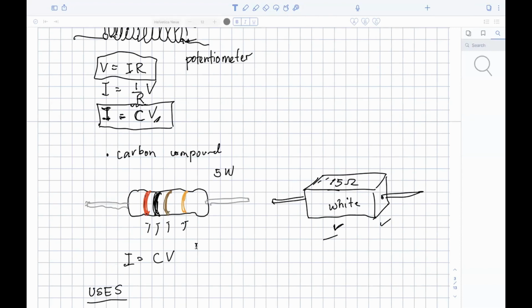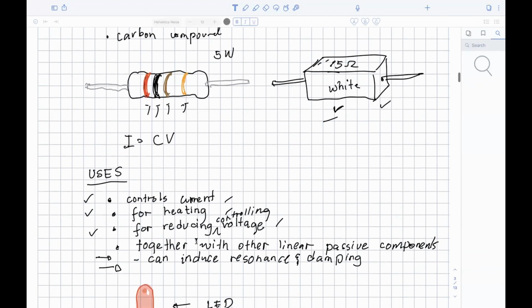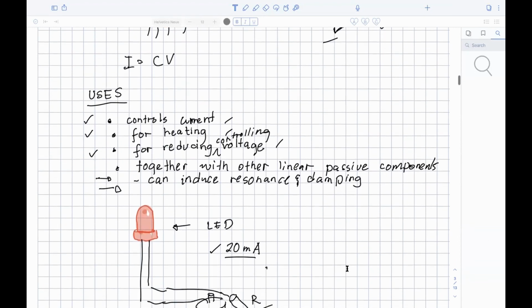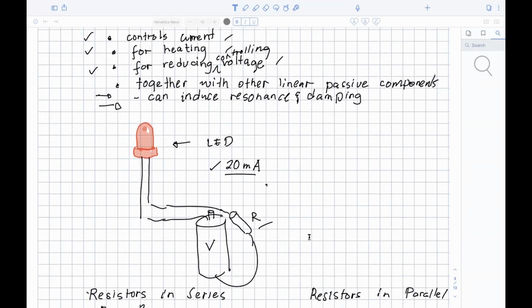The uses of resistors, of course, are to control current, for heating, for reducing voltage, and together with other linear passive components can induce phenomena like resonance and damping. One use of the resistor is to control the current.